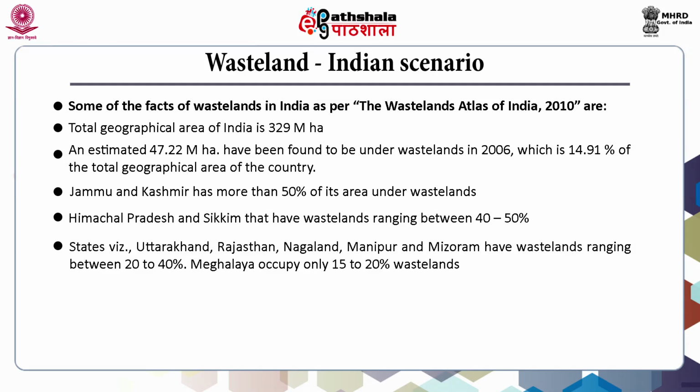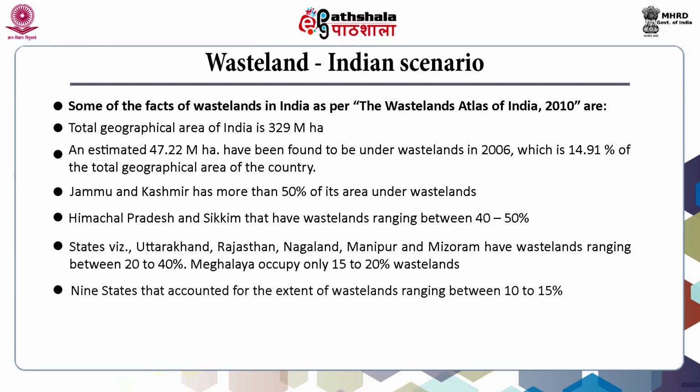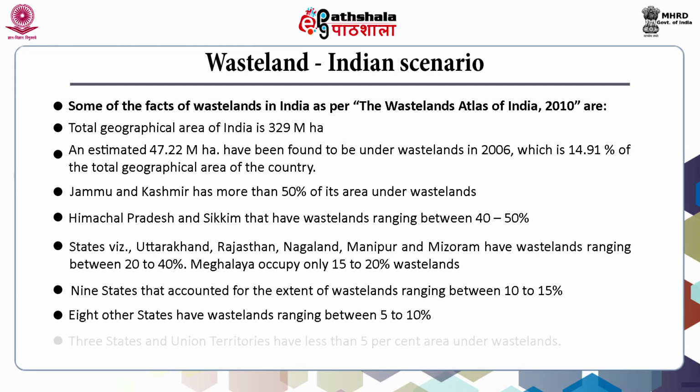Meghalaya has only 15 to 20% wastelands. 9 states account for wastelands ranging from 10 to 15%. 8 other states have wastelands ranging between 5 to 10%. 3 states and union territories have less than 5% area under wastelands.